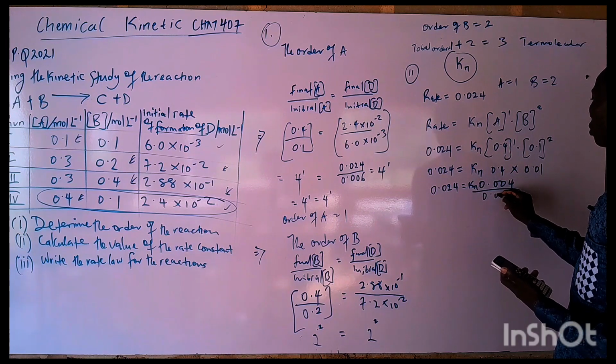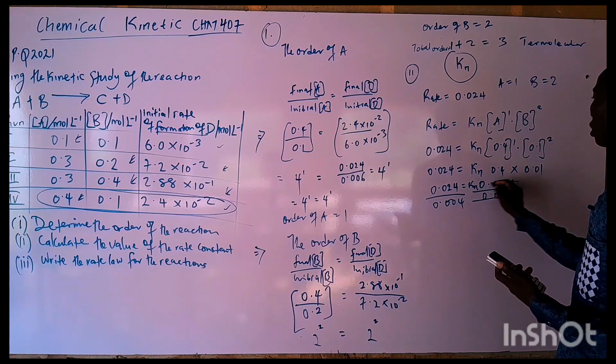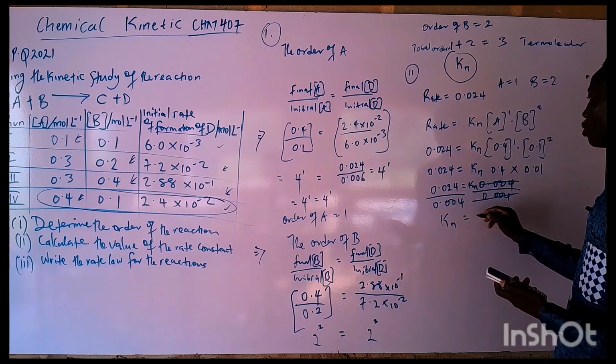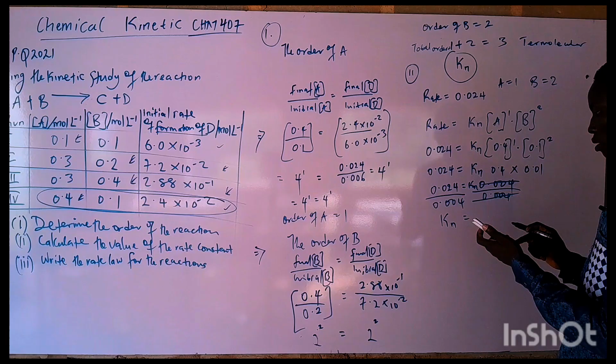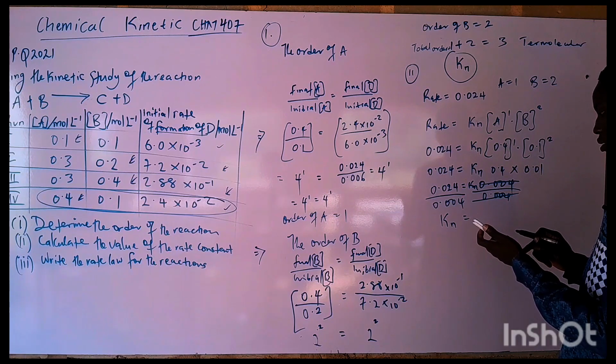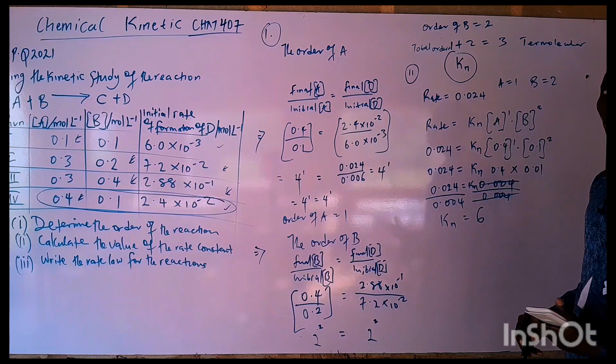Divide both sides by 0.004. Now Kn equals, when you divide 0.024 by 0.004, you should have 6 as the value.